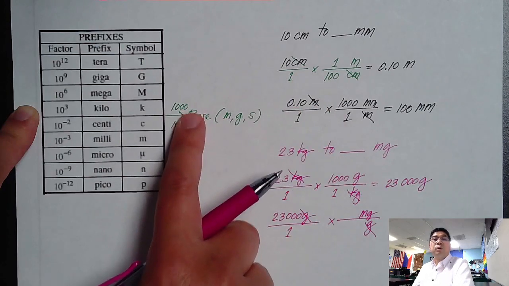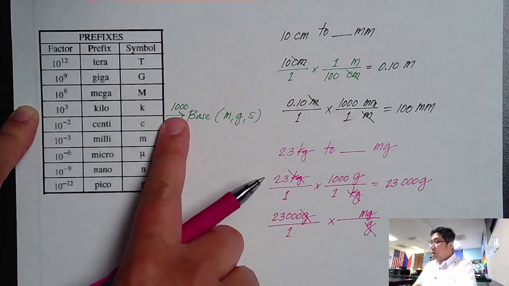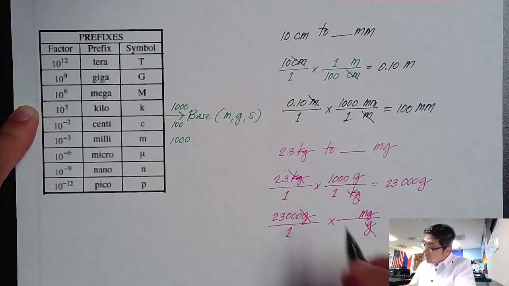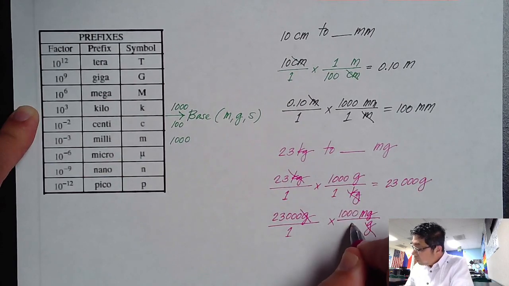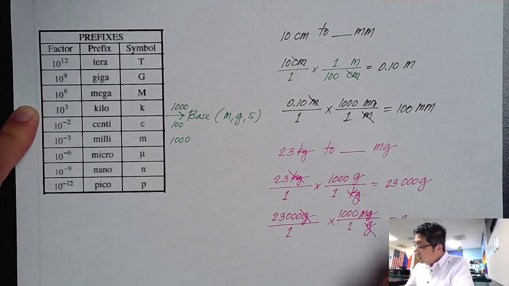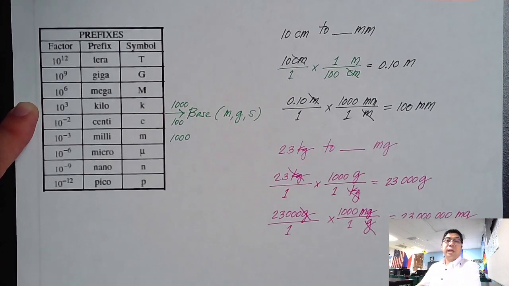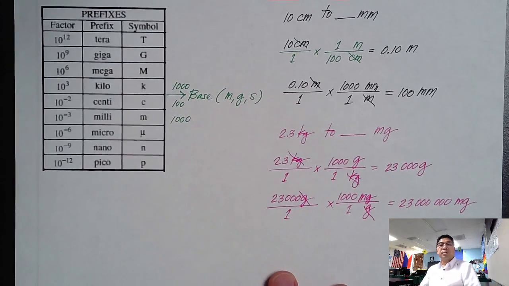We always have to multiply because we're moving downward, below our base. So now let's multiply this by another 1,000, while 1 will be our factor at the bottom. So 23,000 times another 1,000 will simply give us 23 million milligrams.